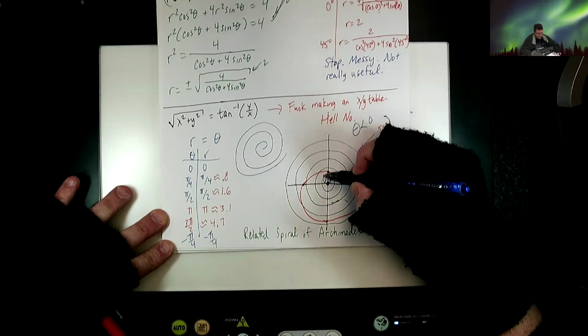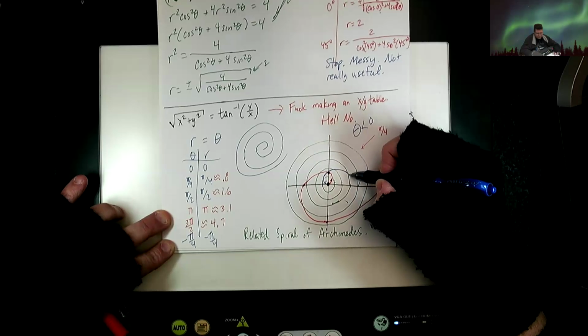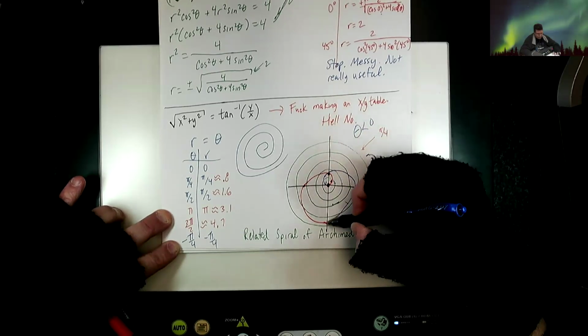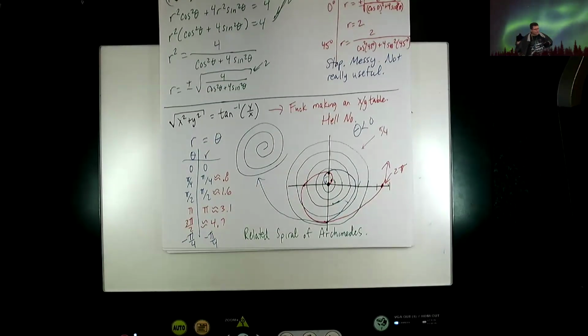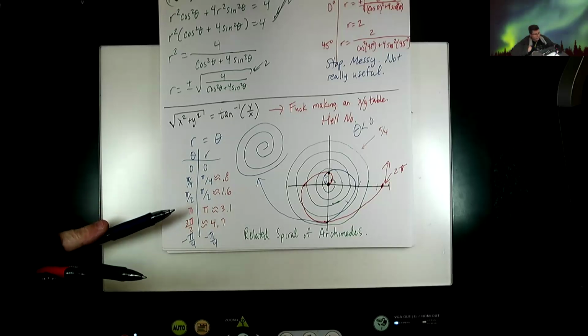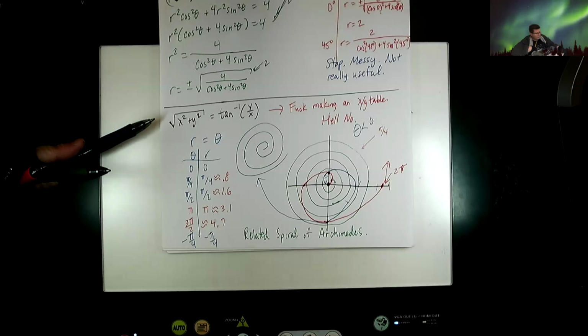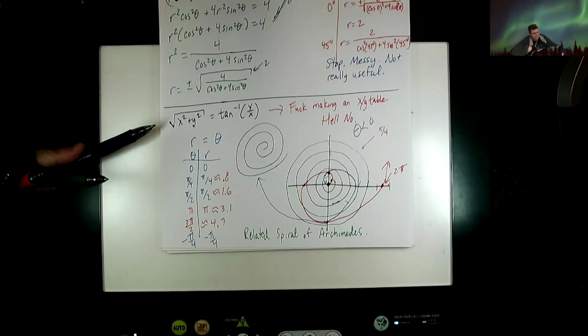It spirals out and does some stuff like this. I think it hits there, crosses here, keeps going like that. And you get this weird shape depending on how you do theta, how far you go out, negative and positive. Kind of crazy looking. This was much simpler to graph than trying to figure out an XY table for this, right?